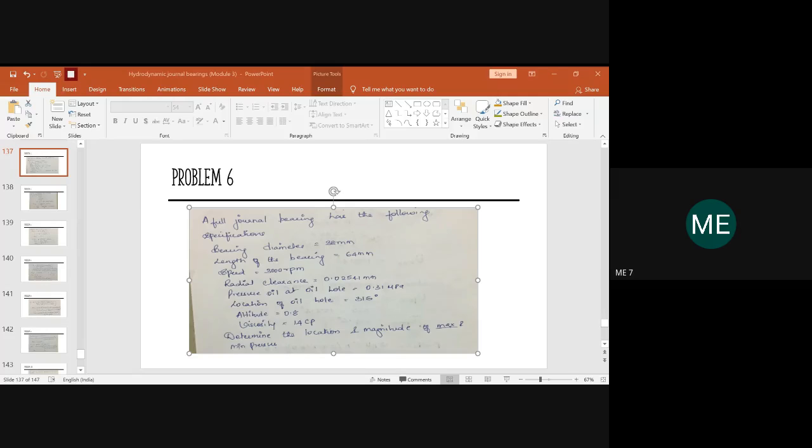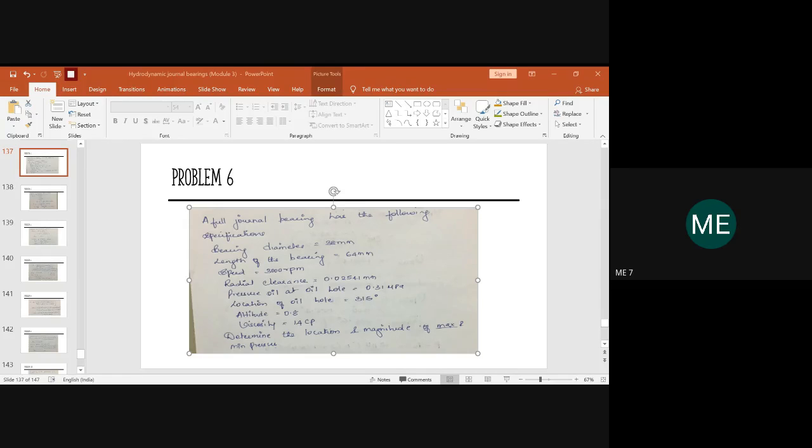That was a part of the problem we get exactly in the examination. The other part is to analyze where the pressure distribution will be maximum and where it will be minimum when a load is applied to the journal bearing and it is revolving and you have injected oil through the oil inlet. You will have the pressure distributed across the oil where the inlet is, as well as behind and above the contact area.